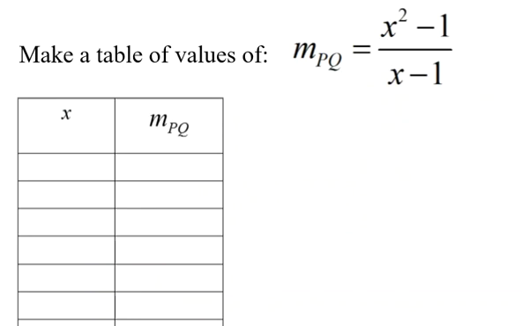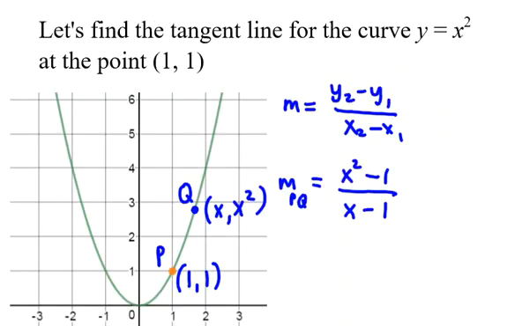Depending on what I'm making the x value, it's going to give you different slopes, because on here, this is a secant line. But if I place Q a little bit closer, it's another secant line, but it's going to be closer to the line of tangency.